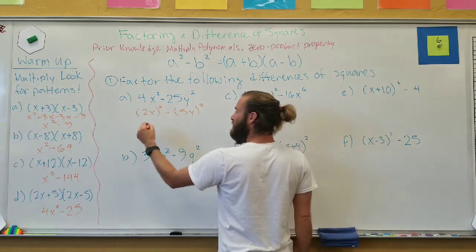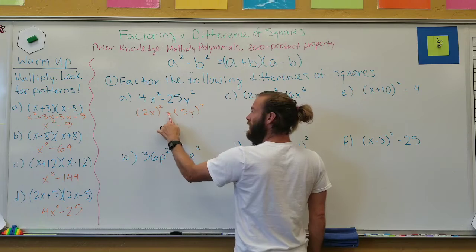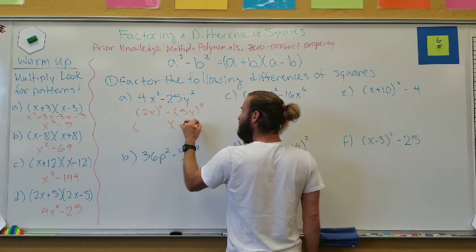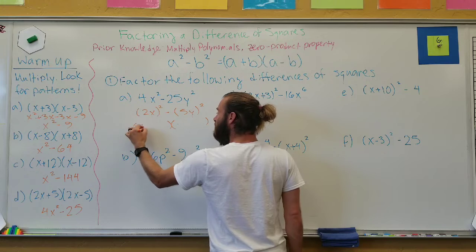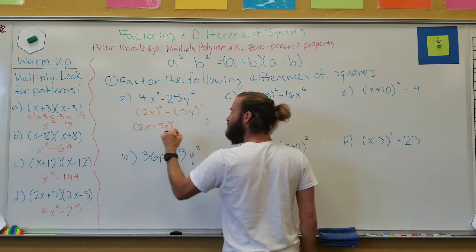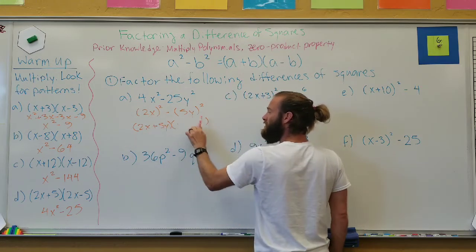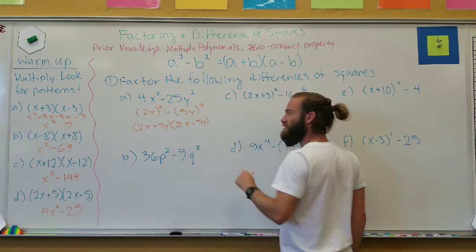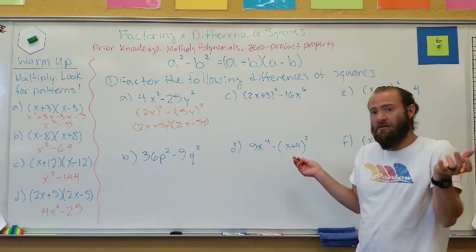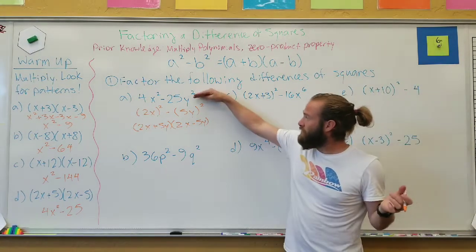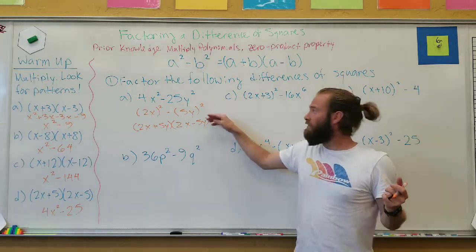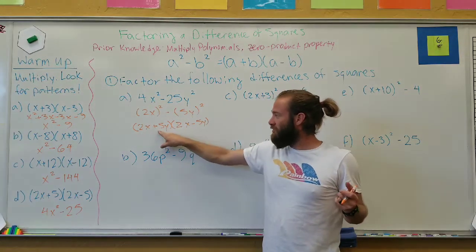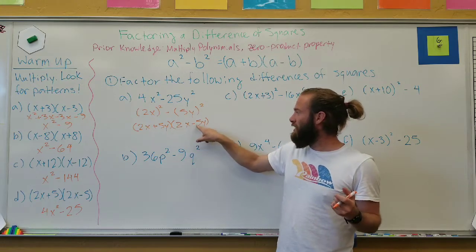Since this is something squared minus another thing squared, it factors into the sum of the two things, 2x plus 5y, times their difference, 2x minus 5y, and that's it. So we took 4x squared minus 25y squared and factored it as 2x plus 5y times 2x minus 5y.